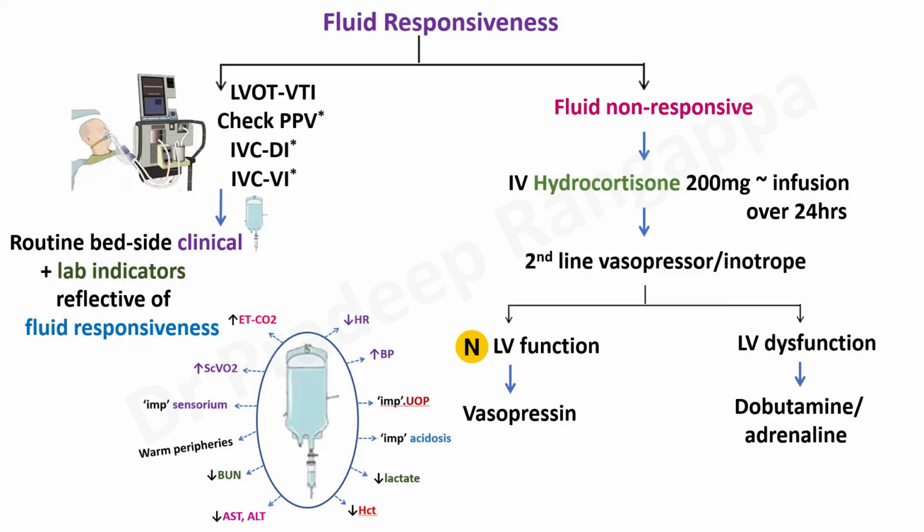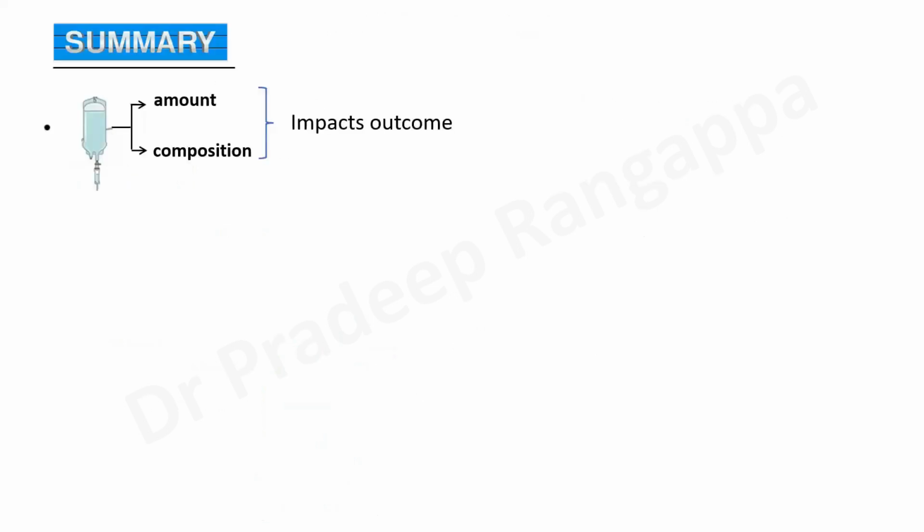If LV function is down, then you may have to consider initiating an inotropic drug like dobutamine or adrenaline. So this is the protocol that we have created, and this was used extensively during COVID time for sepsis and septic shock. This is the protocol we can adhere to, which has a sound evidence base.